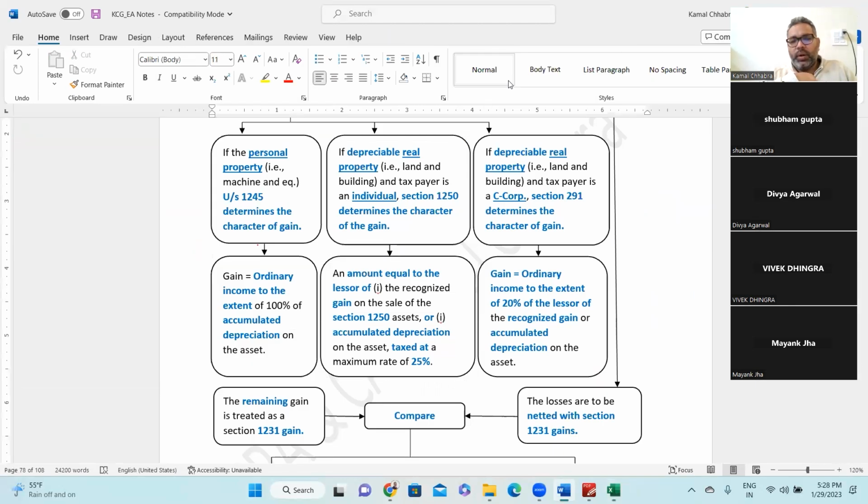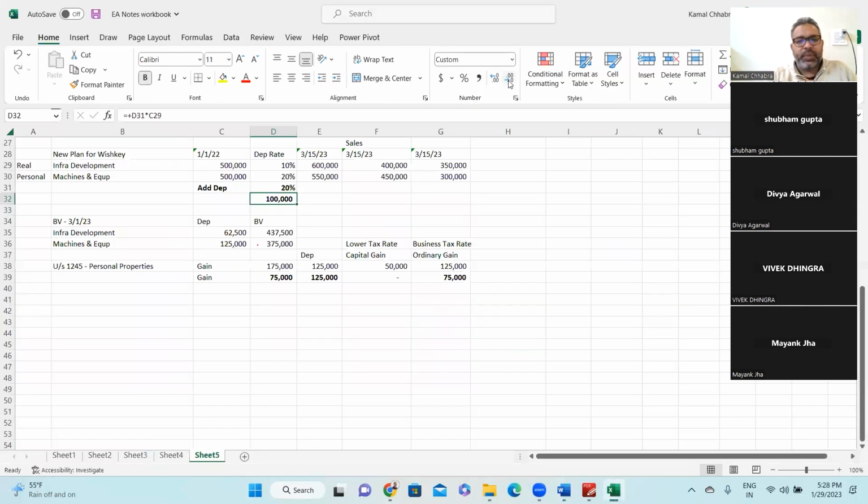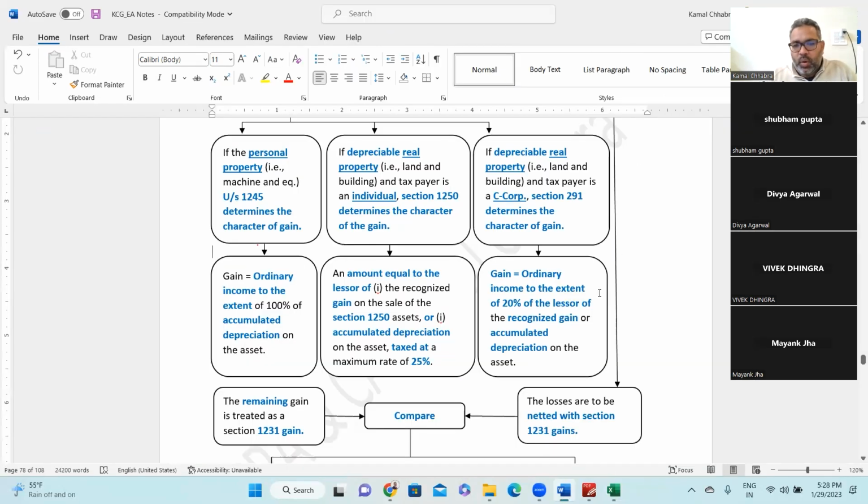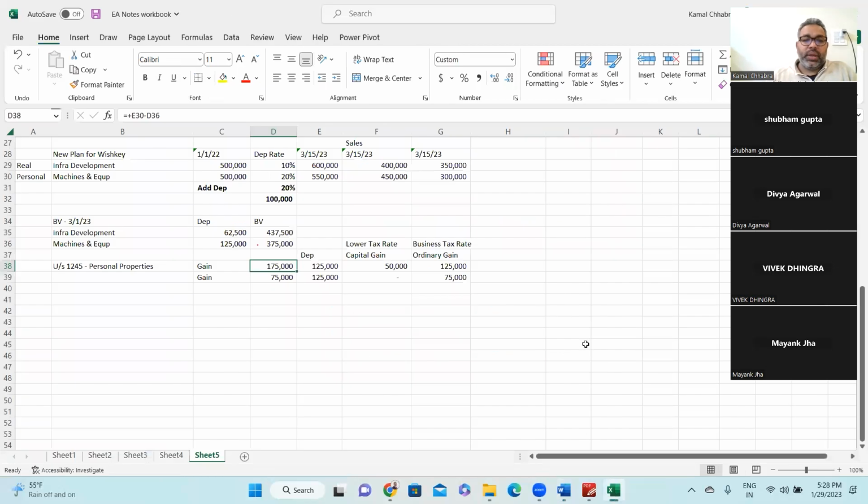Gain is equal to ordinary income to the extent of 20% of the lesser of recognized gain. Let's assume you have $175,000 recognized gain, or accumulated depreciation. So here you have accumulated depreciation of 125 and this 100,000. So 225, right?